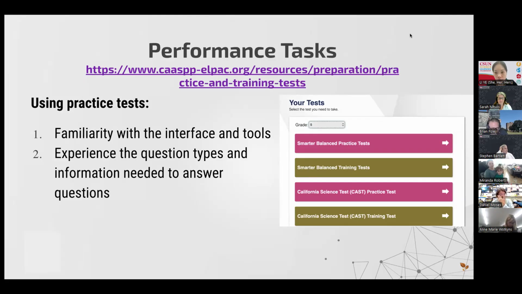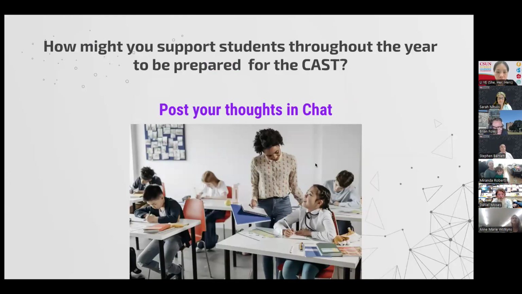So we wanted you to practice, or give your students practice, on those tools. And we would like you to think about how you might support students throughout the year to be prepared for the test. Hopefully you have tried it, and we'll give you a minute to think about it and type in the chat so we can see your thoughts.